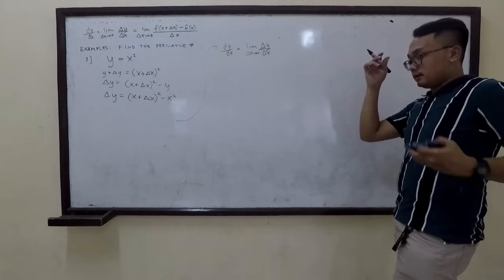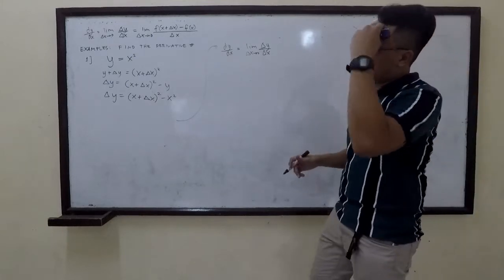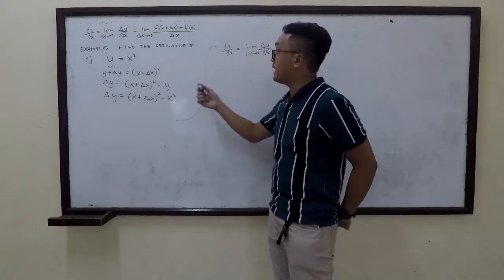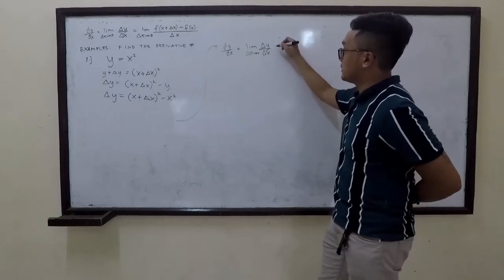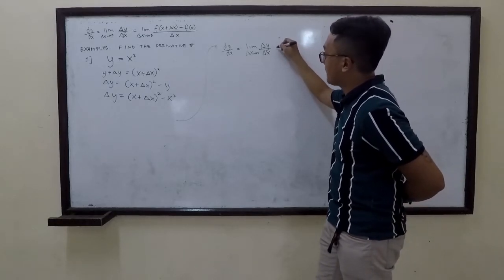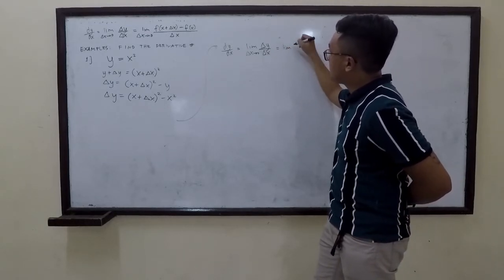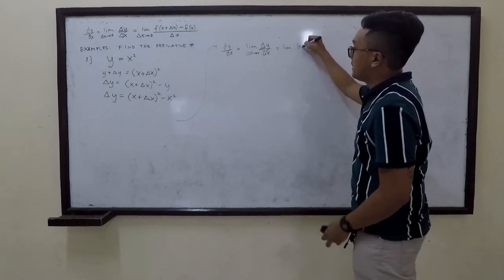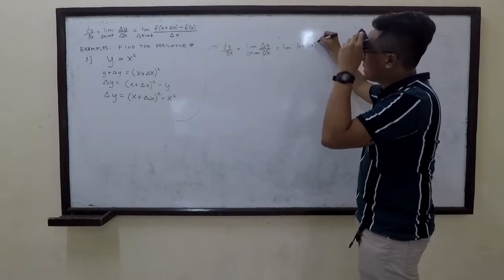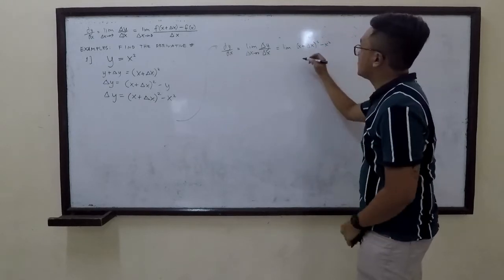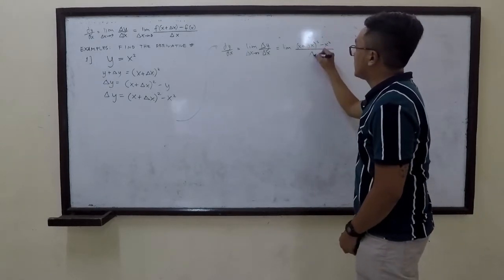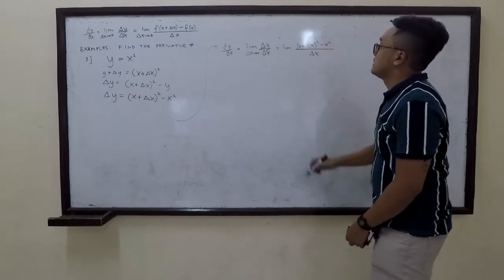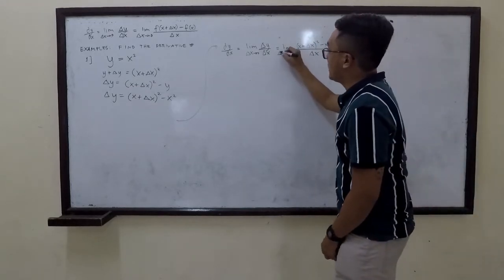Using this formula, once again we have the value of delta y and delta x. So this now becomes the limit of x plus delta x squared minus x squared, over delta x, as delta x approaches 0.